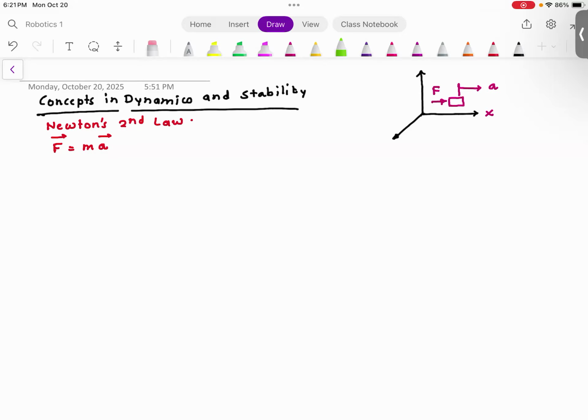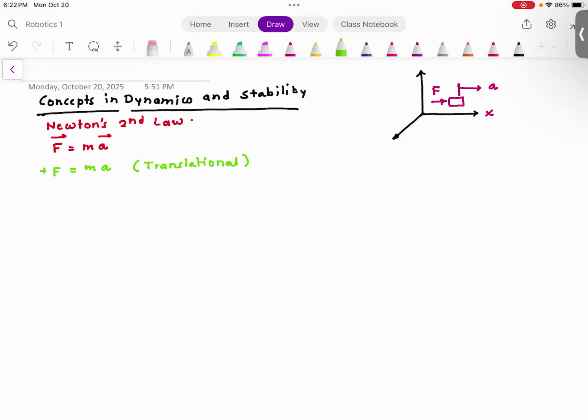So your force is positive, mass is a scalar, no positive or negative, and acceleration is positive. This is very important. This is called Newton's law in translational coordinates.